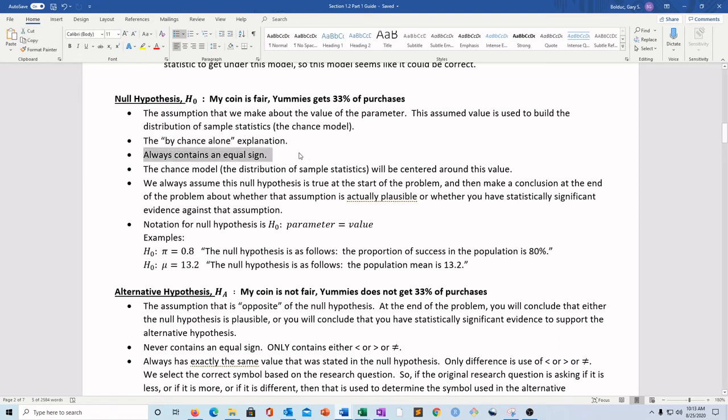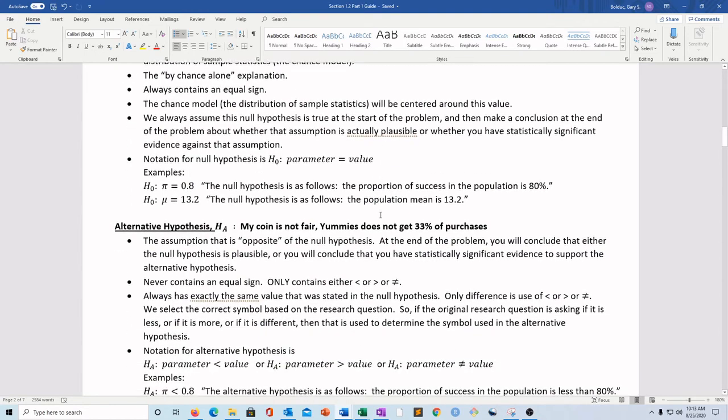So my null hypothesis is just what's the random chance, what's the kind of not interesting scenario. But that's always the scenario I build my chance model off of. Okay? So then the other explanation is just my alternative. Once you figured out the null, the alternative is usually pretty straightforward to do. It's just the other explanation.